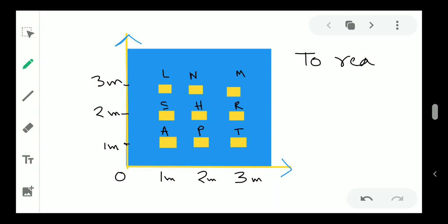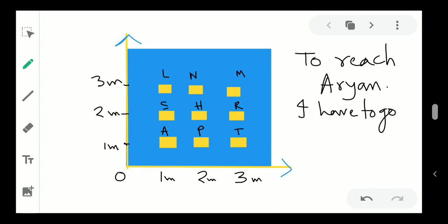So to reach Aryan, I have to go 1 meter right. If I am standing initially at point 0, first I have to go right side 1 meter, then I have to go 1 meter upside.